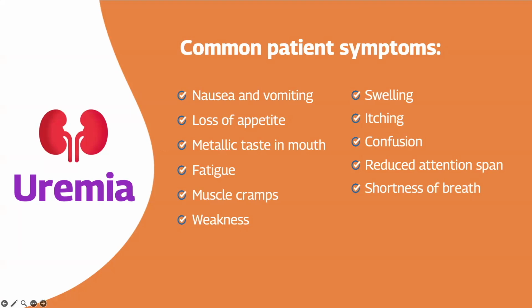So common symptoms are going to include nausea and vomiting, loss of appetite, a metallic taste in the patient's mouth, fatigue, muscle cramps and weakness, swelling, itching, alteration in mental status, such as confusion and a reduced attention span, also shortness of breath.